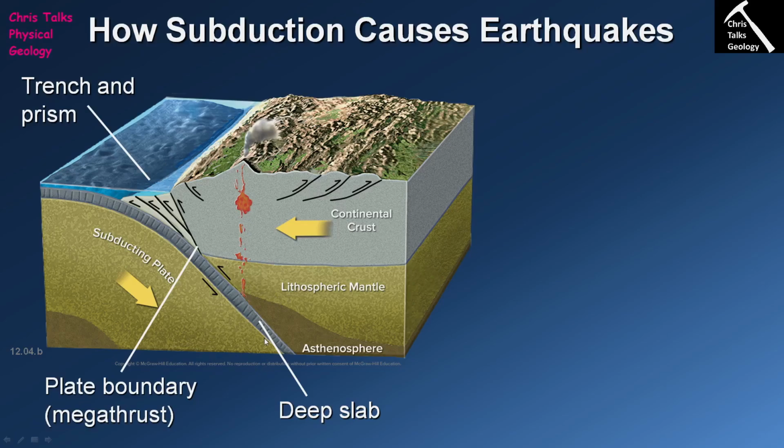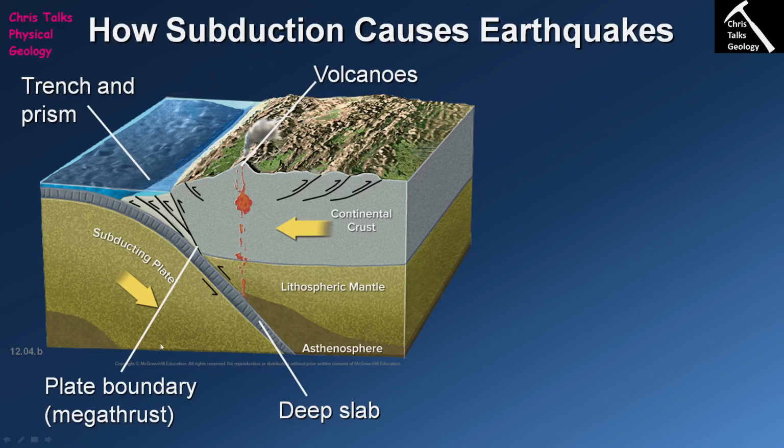Now, the final thing is, obviously, we know at convergent plate boundaries, or should I say ocean-continent or ocean-ocean convergent plate boundaries, we have our piece of subducting oceanic crust dewatering, normally somewhere about 150 kilometers down.